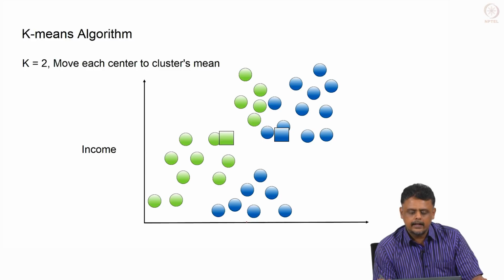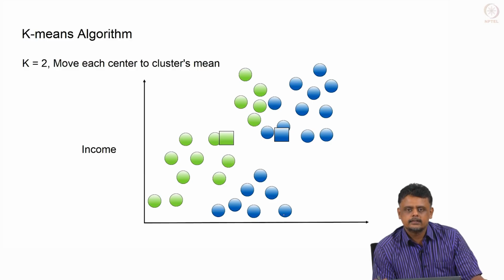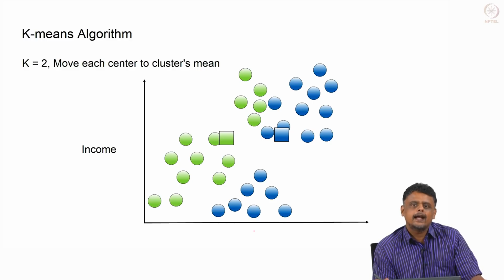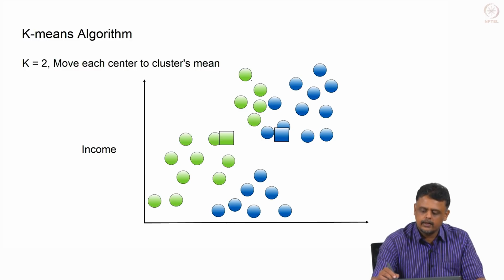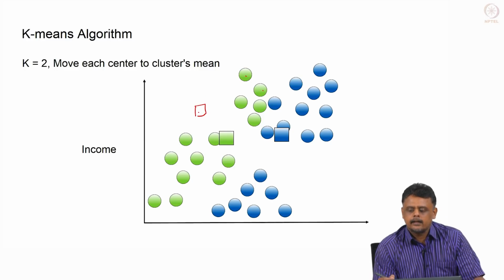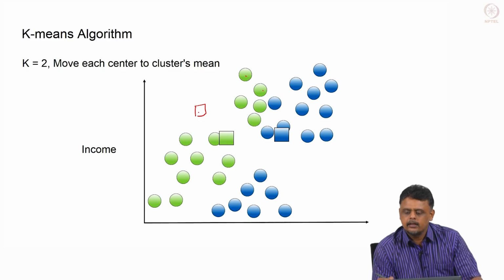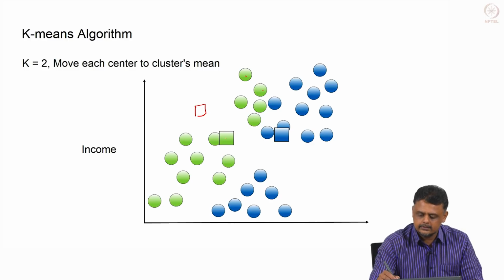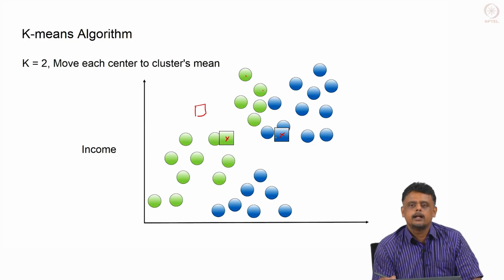Once we do that, we would get 2 different sets of clusters, green and blue in this case, following which we would recalculate the cluster center based on the membership. Now we have all these green points which have been assigned to, remember our initial guess was somewhere here for the green, and after we have assigned the closest points to that cluster center, we would recalculate the mean of the points in the cluster. So, we get new cluster centers for the green and the blue.